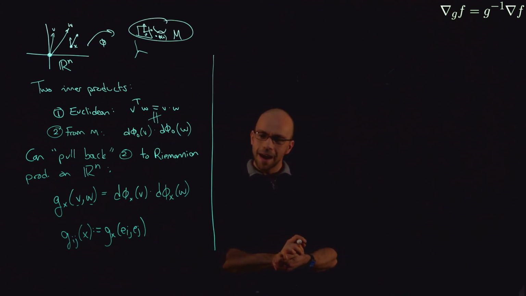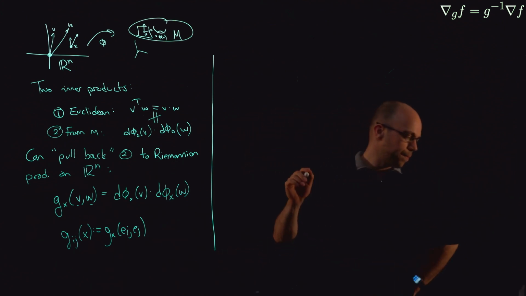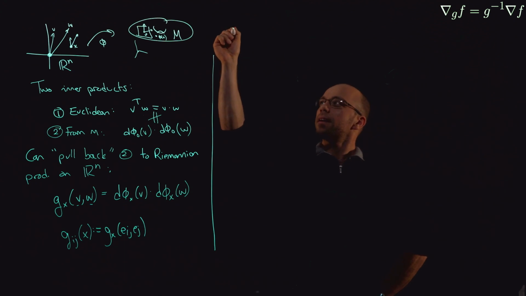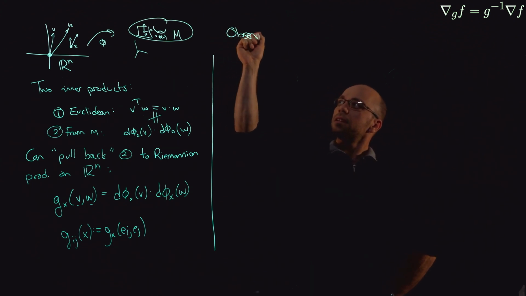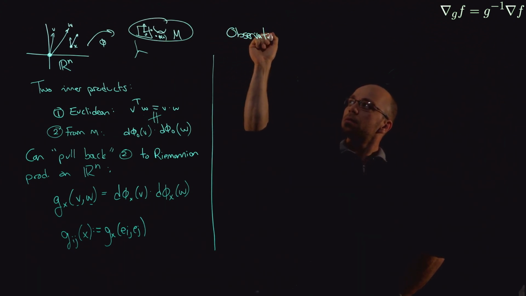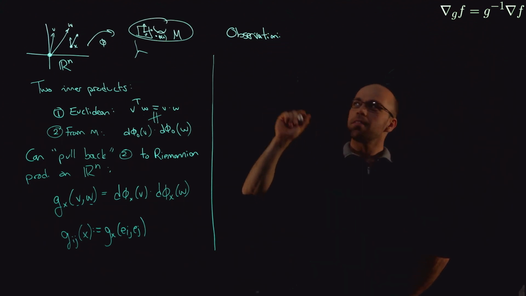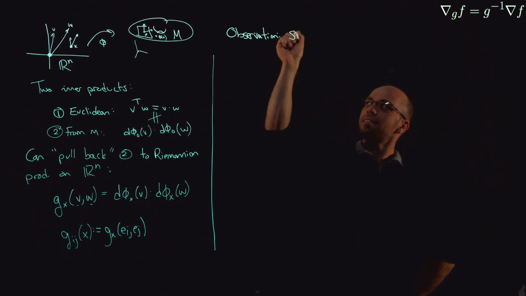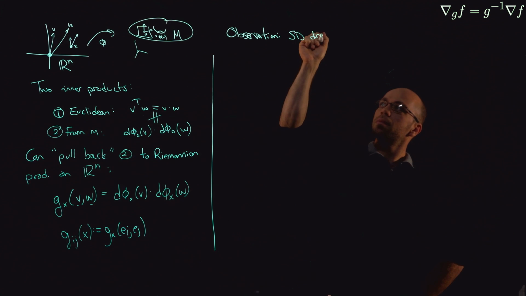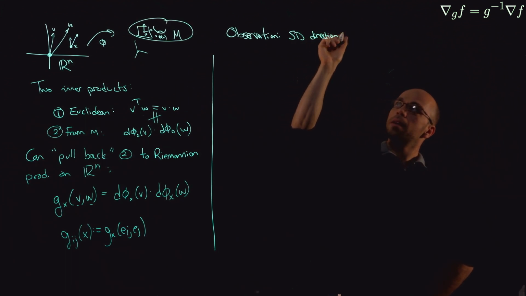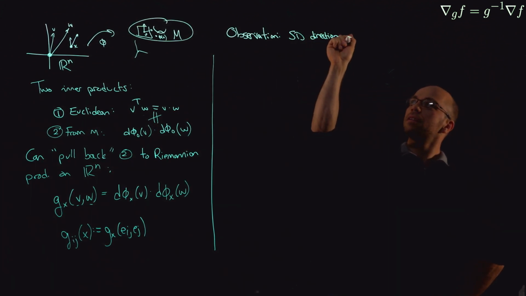So now here's our observation, which is that essentially the steepest descent direction, I'll say SD direction, depends on the inner product.